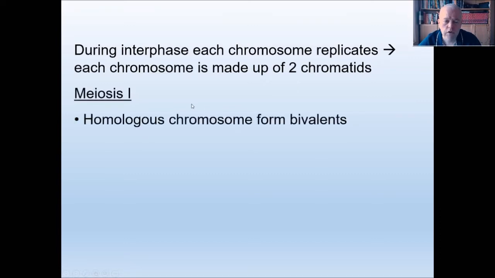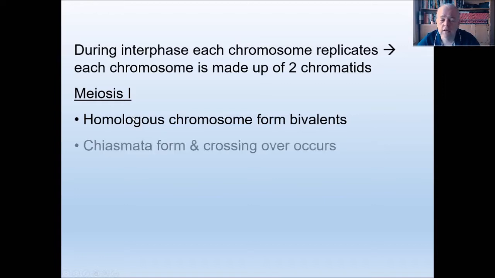Then in meiosis 1 we have our homologous chromosomes come together, and when they wrap around each other, or some of them do, at that stage we can describe that pair of homologous chromosomes as a bivalent. Okay, a bivalent. So that is composed of 2 homologous chromosomes.